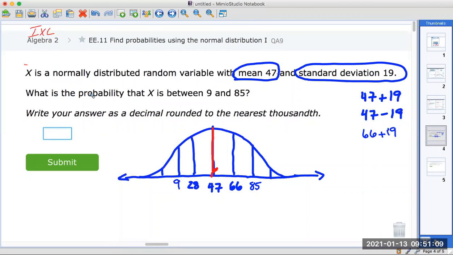See how it says, what is the probability that our data point X is between 9 and 85? So we have plus 1 standard deviation, plus 2 standard deviations, minus 1, minus 2. So we're looking for this area here under the curve. It's actually the area under this curve that we're looking for. Okay, and now we're looking up and down 2 standard deviations.